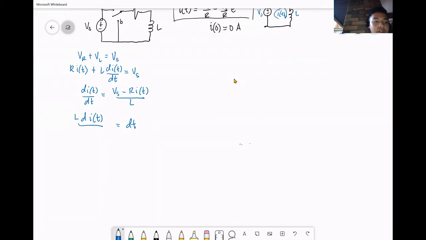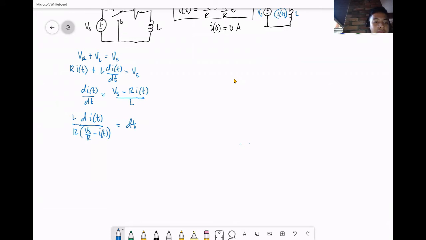So we have here L over R. You can put the R outside, and you have Vs over R minus I of t.